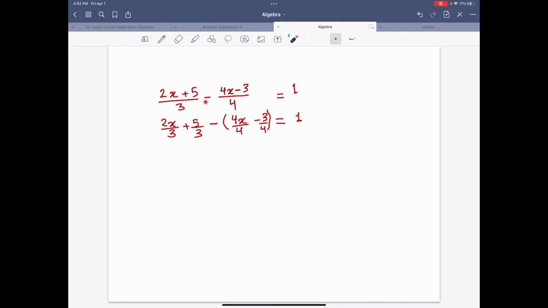You have to realize that this negative applies for everything inside here. So the 4x becomes a negative and the negative 3 becomes a positive because negative times a negative is a positive. You have to keep that in mind. So I'm going to rewrite that. 2x over 3 plus 5 over 3 minus 4x over 4 plus 3 over 4 equals 1.